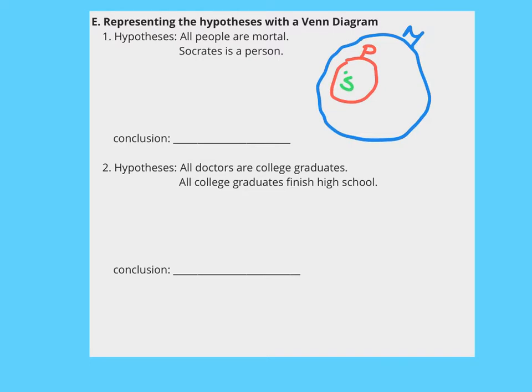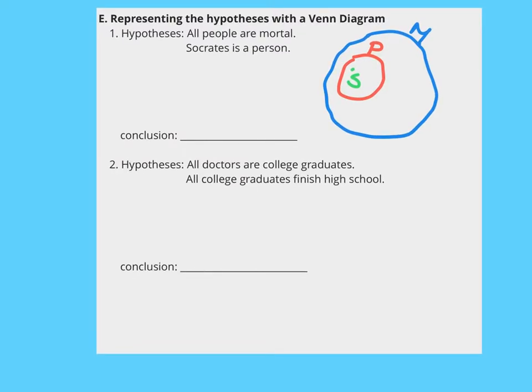So we have M representing mortals, and inside mortals, we have a subset of people, and inside that subset of people we have Socrates. So the conclusion that we can make then is that Socrates is mortal, since he's inside the mortal circle.